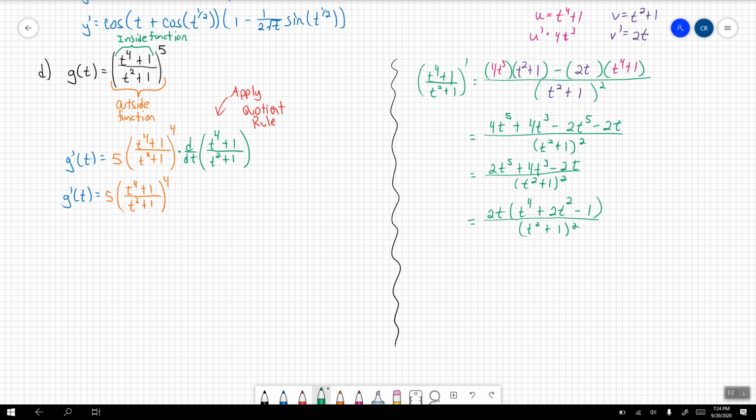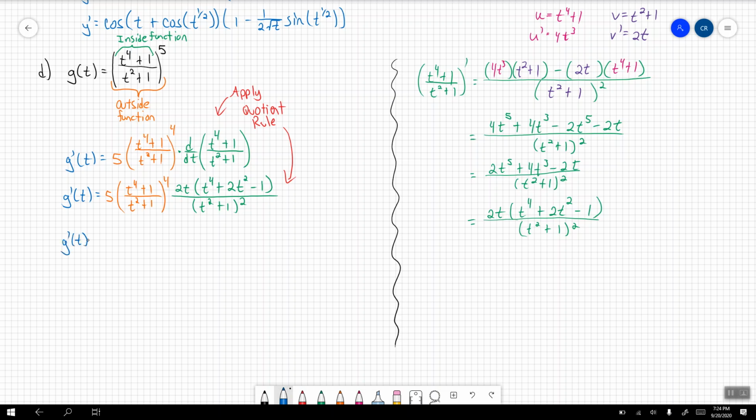My new derivative here is what we found over there on the right hand side, which is 2t multiplied by t to the 4th plus 2t squared minus 1, all divided by t squared plus 1 squared. And again, we applied the quotient rule there. Now, I can see a few things that I can clean up here, so let's go ahead and clean them up.